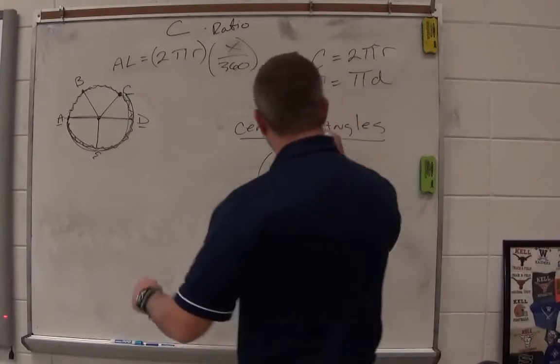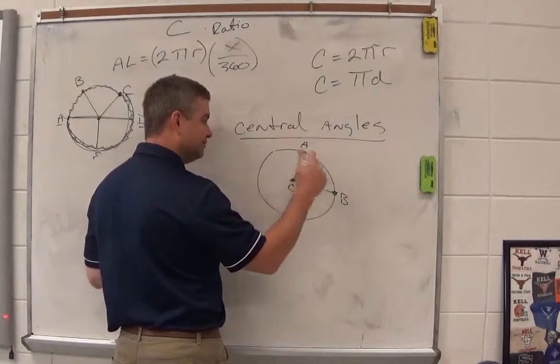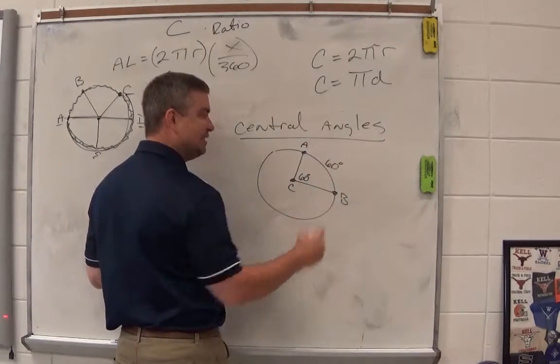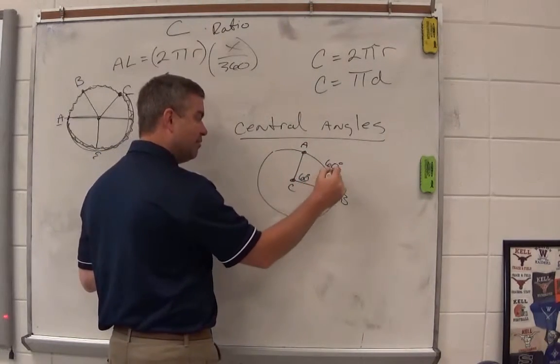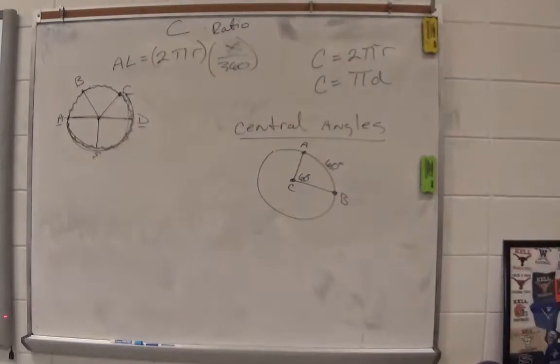The measurement of arc AB is 60 degrees as well. This number and this number have a 1-to-1 correspondence, meaning they're always the same. Another way of saying that is central angle measurements are the same as the arc measurement.